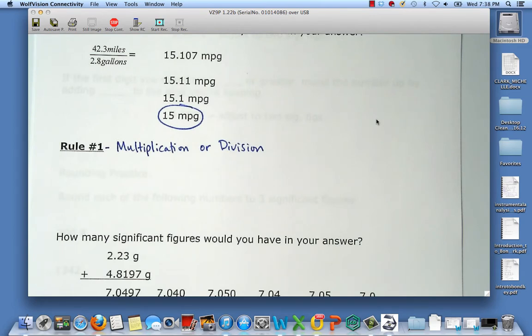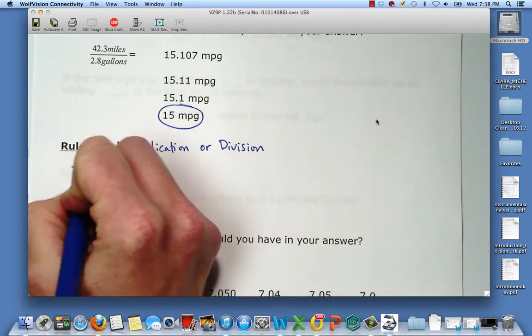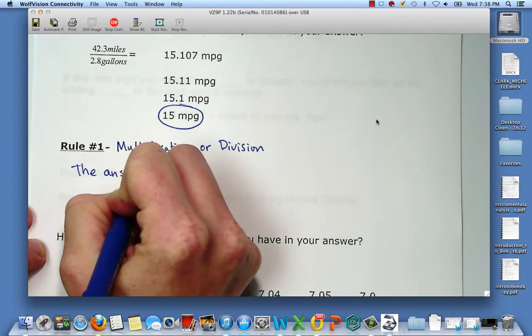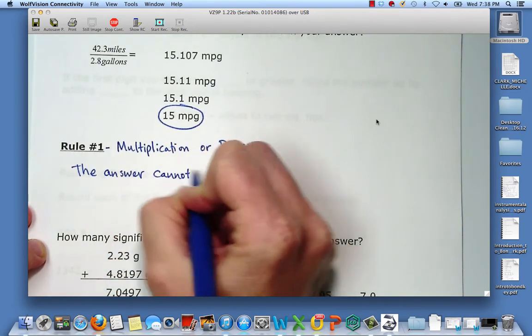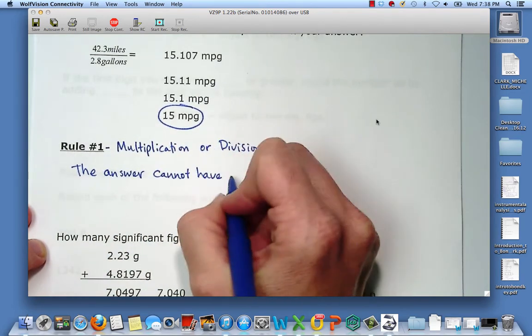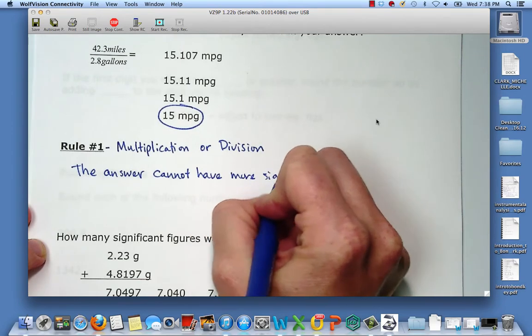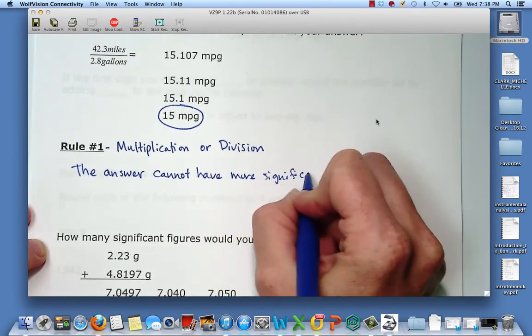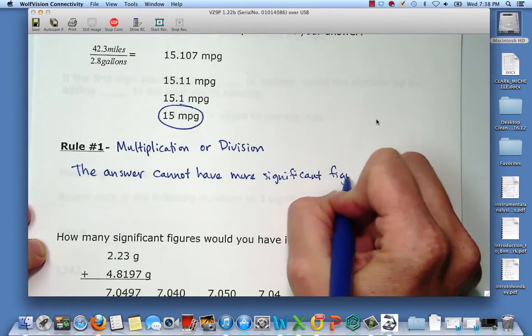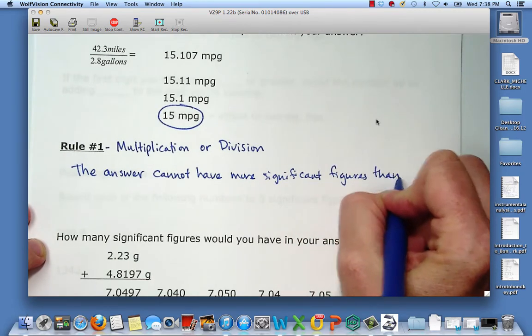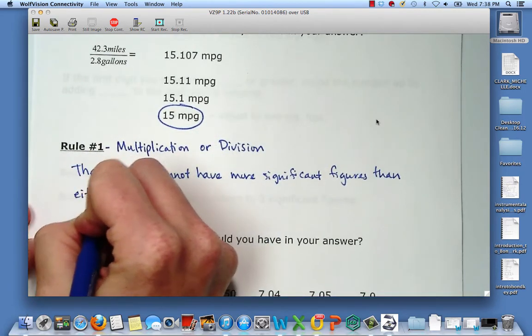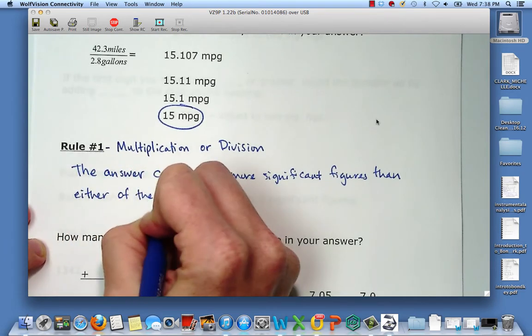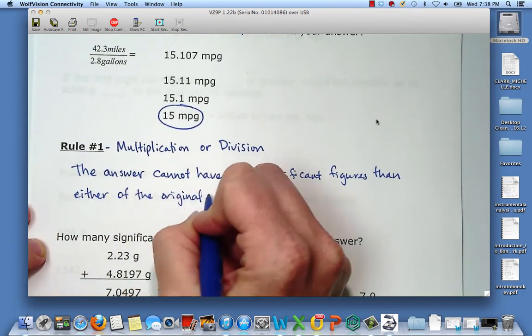With multiplication or division, the answer cannot have more significant figures than either of the original numbers.